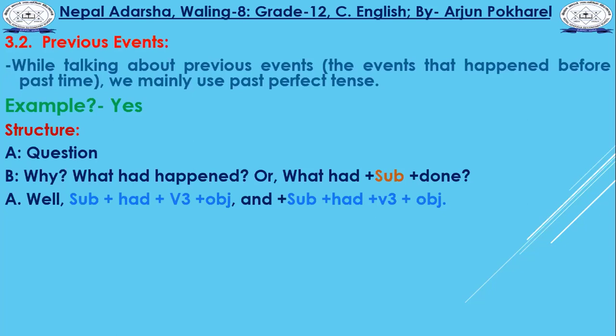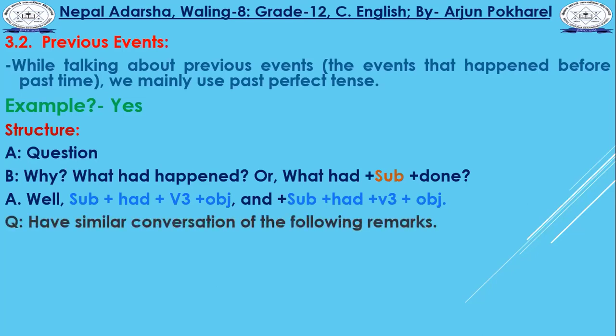Two different sentences using the past perfect tense will be used here. This is what we did. And you have to make a similar conversation from the following remarks, because the example will be given there. There will be an example in the question in the examination as well, and you see the example and you have to make a similar conversation.